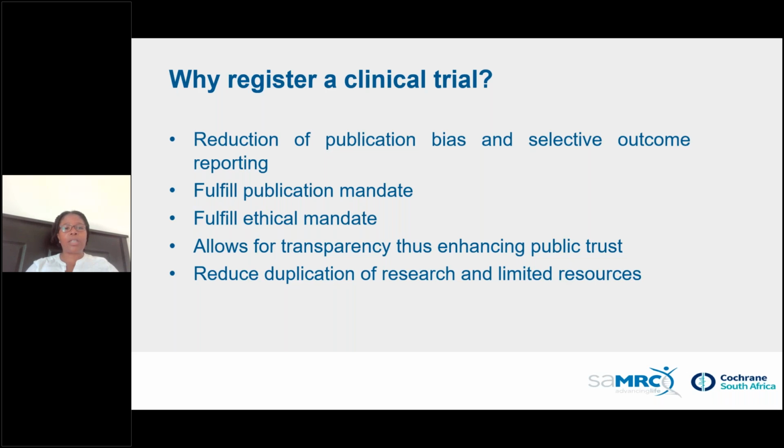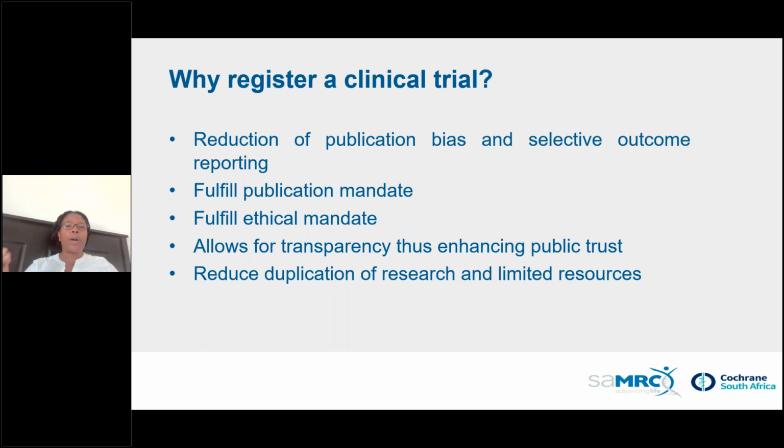Because if you remember, in science and in research, we build on knowledge. So even if it's negative data or negative results that you would have received in your trial, it's important to share that information so that others can build on what you have done, and see why the study did not work out, and then we add on to the science knowledge. The other important thing is reducing selective outcome reporting, because a registry allows us to prospectively register what outcomes we want to measure in this particular trial.